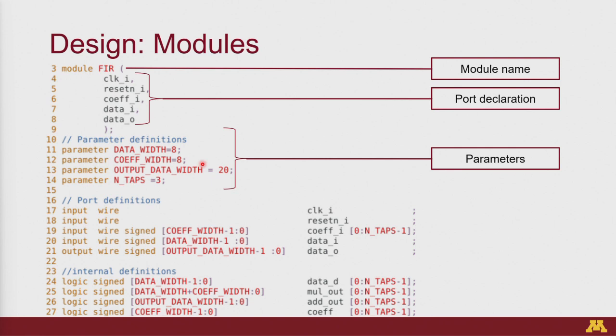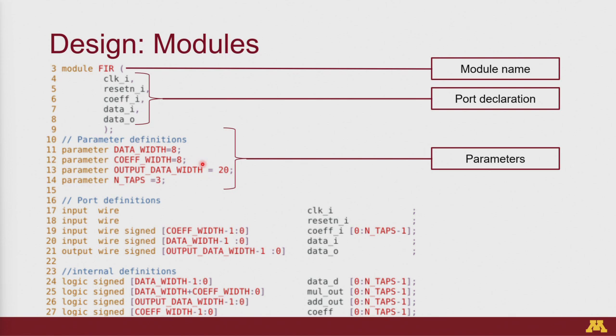Probably that's not an efficient way to do it. So if you're changing some hardware aspects of your design, you define those as parameters, so that when you instantiate the module, you can just change the parameter, and it will take the new parameter for the new block. Then for the same code, you can have both a 3-tap filter as well as a 5-tap filter.